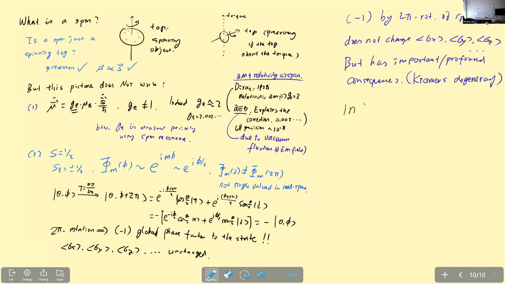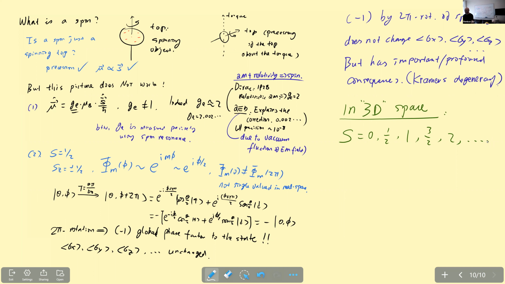So in 3D space, that's important, S has to take a value 0, 1/2, 1, 3/2, 2, and so on and so forth.